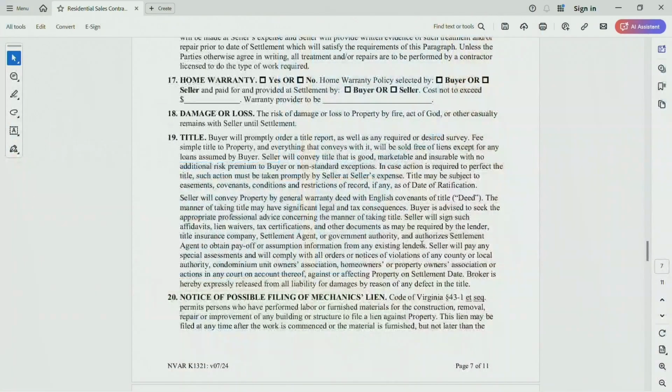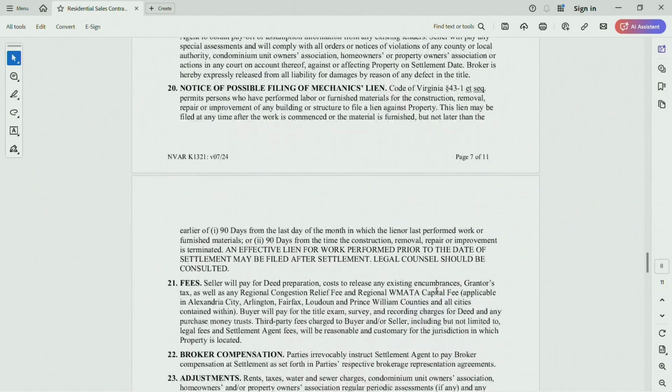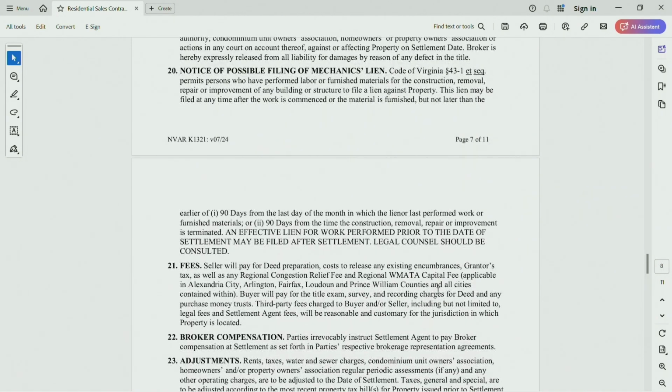Paragraph 20 is notice of possible liens, mechanics liens, right? So with this paragraph, you're having a discussion with your buyer that the seller is getting the property ready for sale. Of course, for any work that was done to the property, if the debt goes unpaid, a vendor has a right to file within 90 days from when the work or the improvement was done.